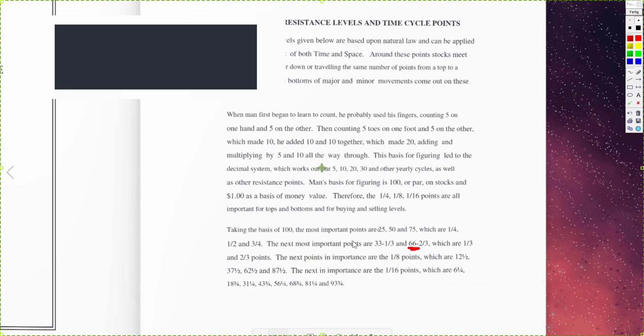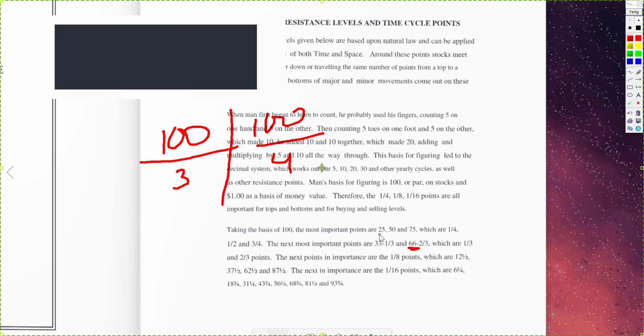Okay, so he's adding the quarterly points of 100, and then he's adding the thirds as well. So he's adding every possible number.